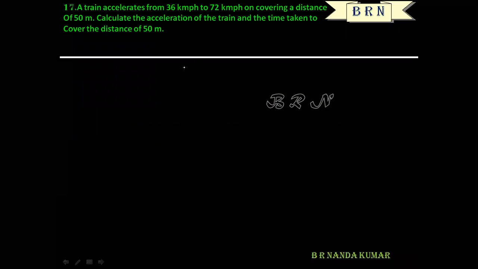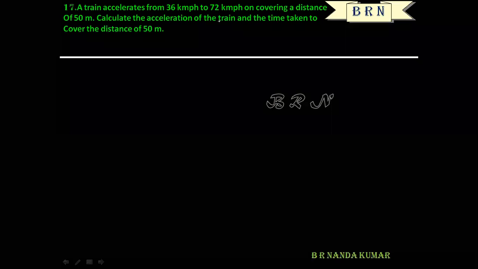So in this class, we are going to discuss the next very important numericals. This is numerical number 17. A train accelerates from 36 kilometers per hour to 72 kilometers per hour on covering a distance of 50 meters.